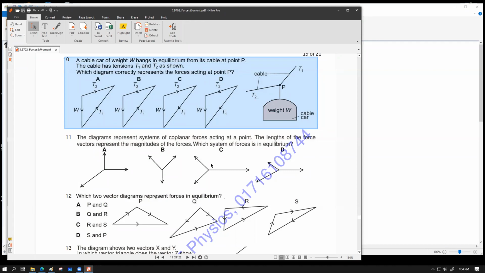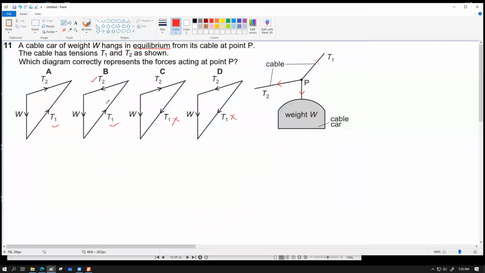If you try to visualize this scenario for a practical case, let's say this is a cable car. Let's say over here we have one pole, and over here we have another pole somewhere. There'll be a taut rope part over here, and another taut rope part over here.